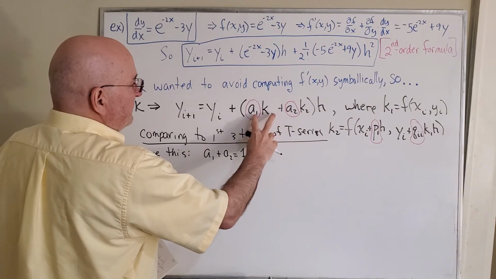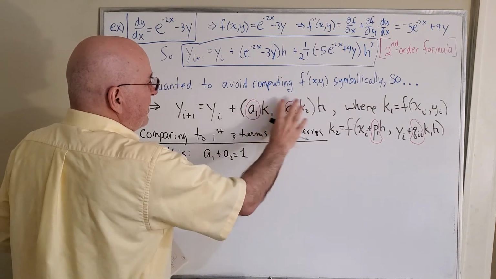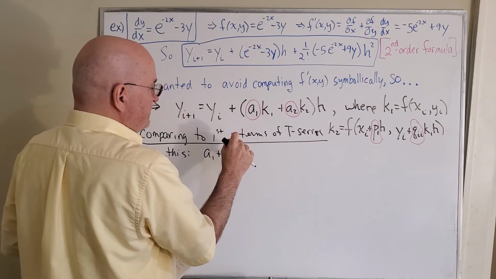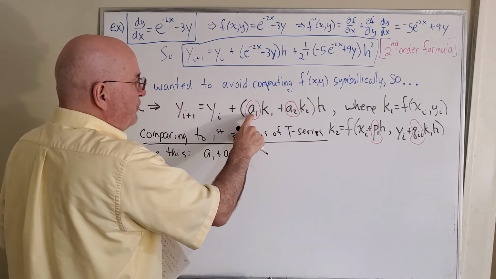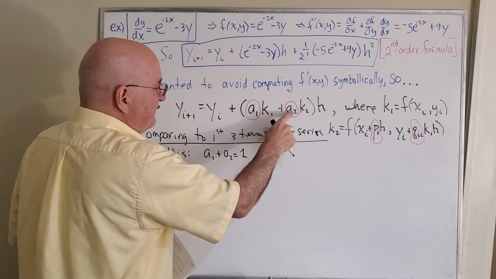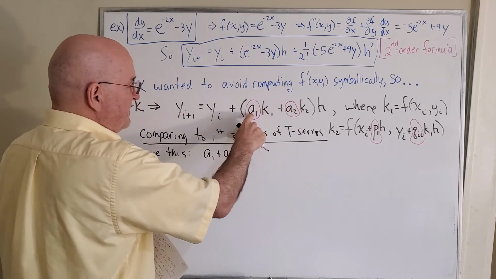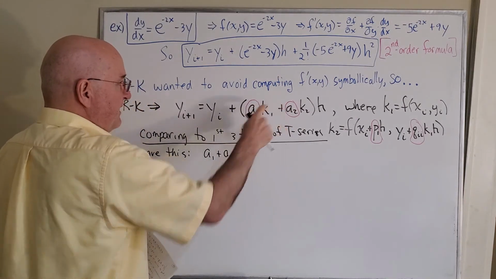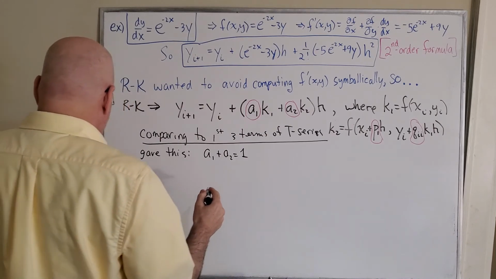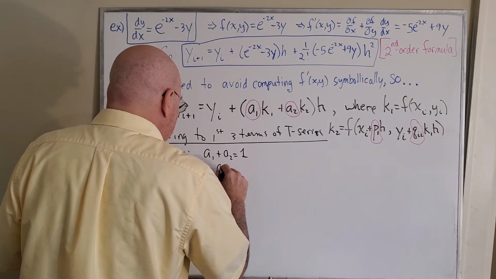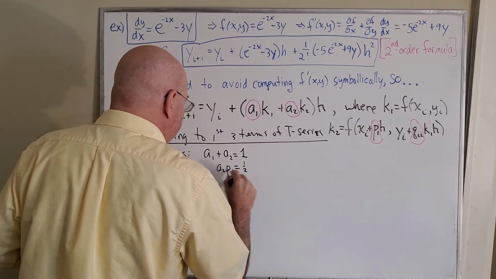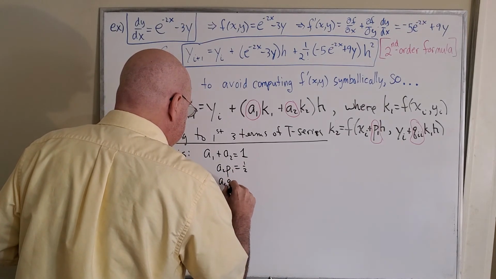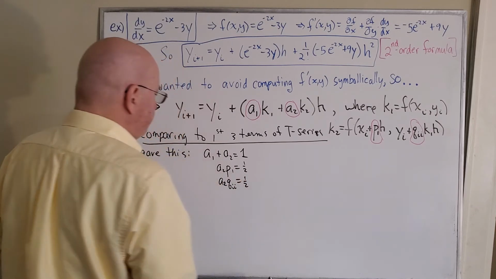So we're literally just weighting these two, k1 and k2, as 100% total, but depending on which one you want to believe more, you might make it different than a 50-50, 0.5, 0.5. Could be 0.6, 0.4, or 0.3, 0.7. And then we got a2 times p1 equals 1/2, and a2 times q11 is equal to 1/2.